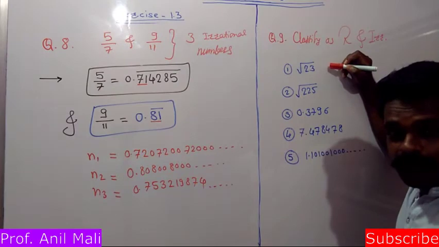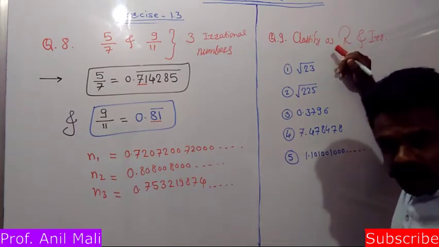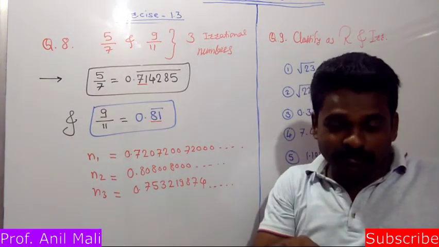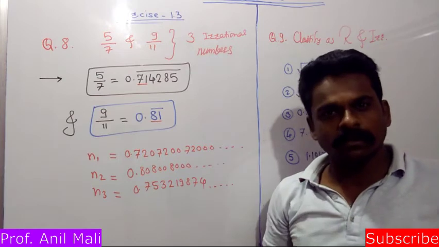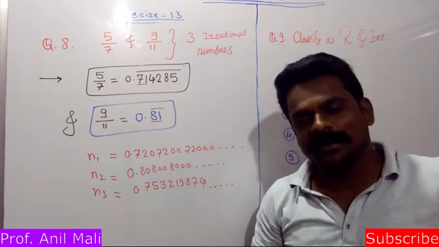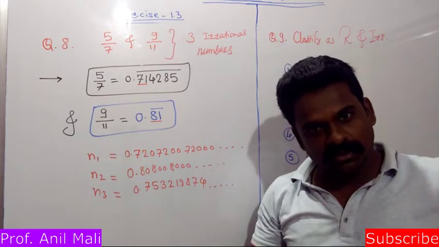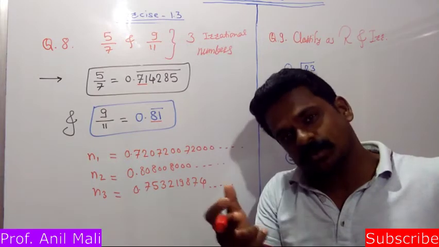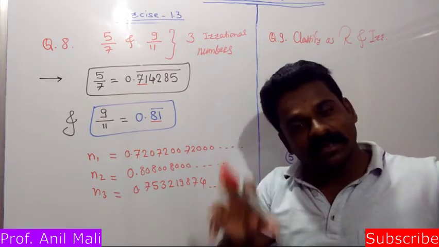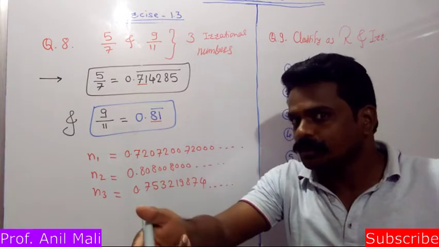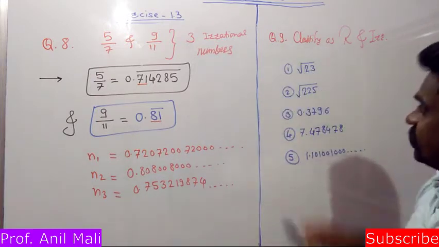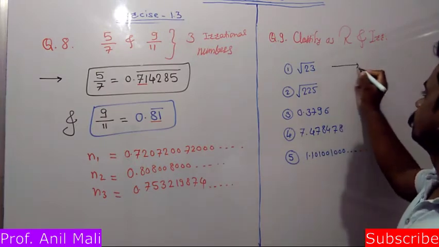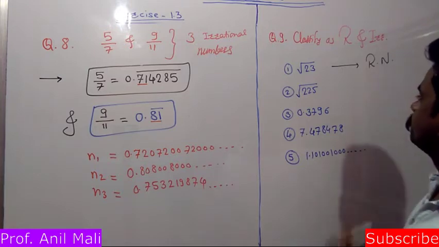In a square root, if the number is not a complete square of any other number, then that square root is also going to become an irrational number. So root 23 is an irrational number.